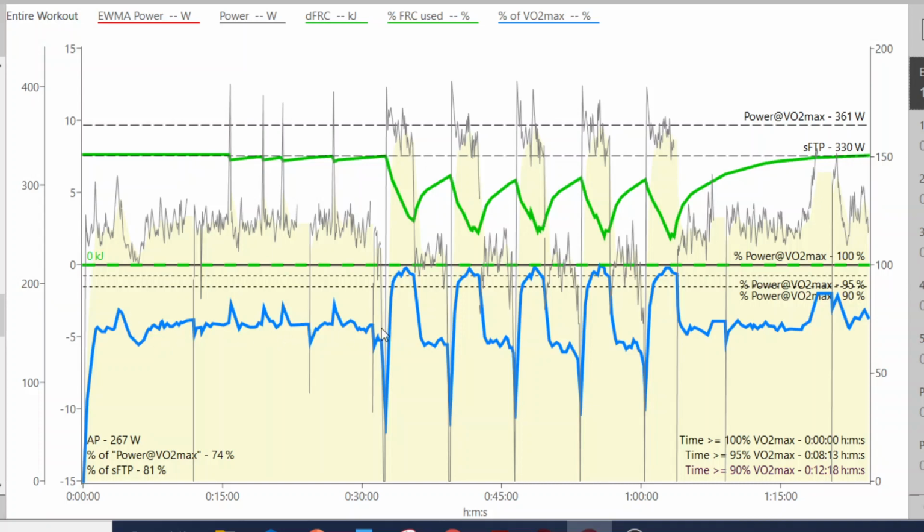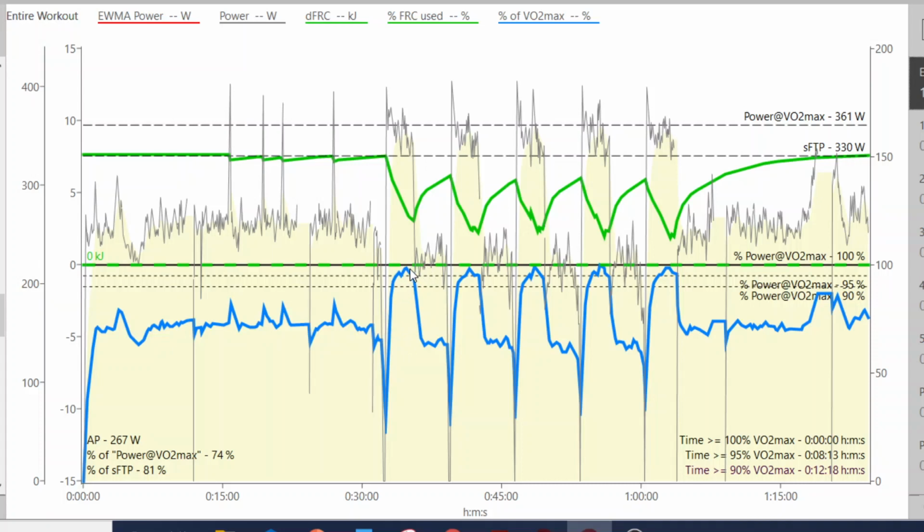And the blue line essentially takes an exponentially weighted moving average of power, 25-second moving average, and converts that into the power relative to that 5-minute model, and demonstrates percent of that power at VO2 max.